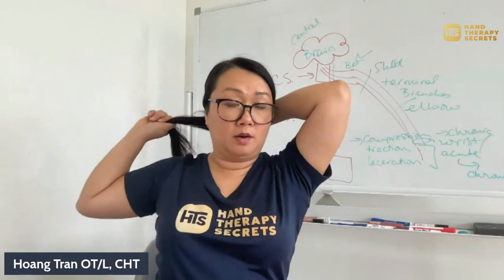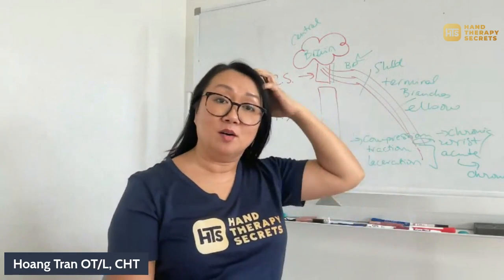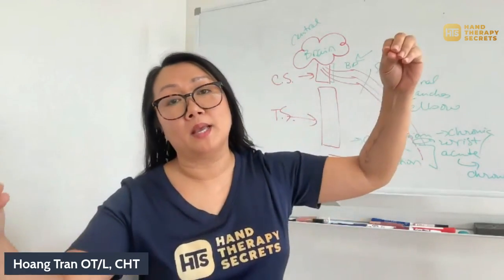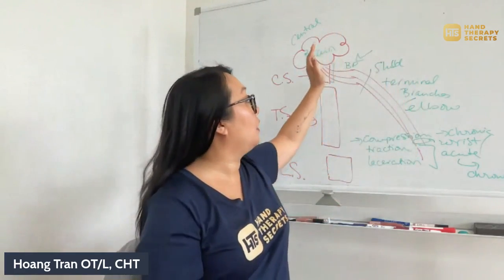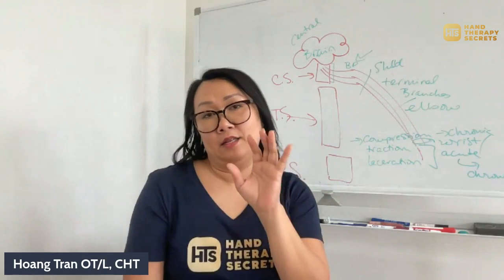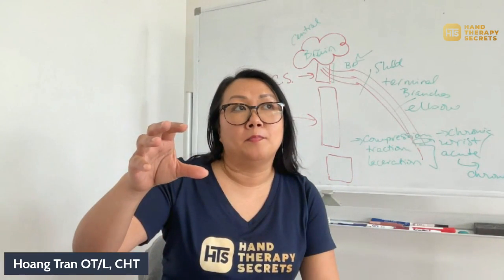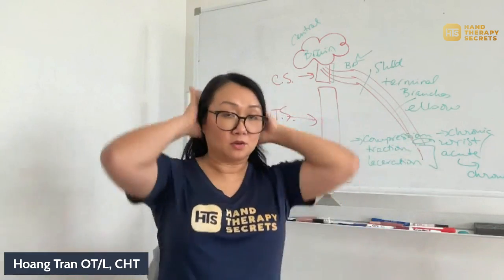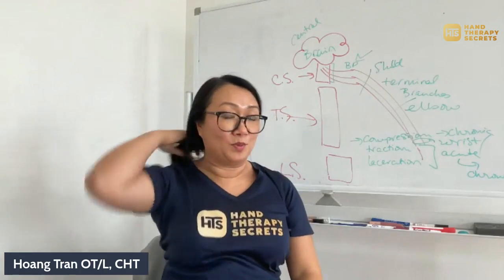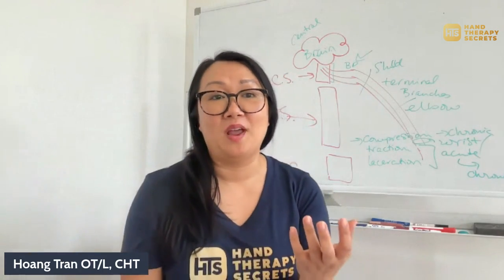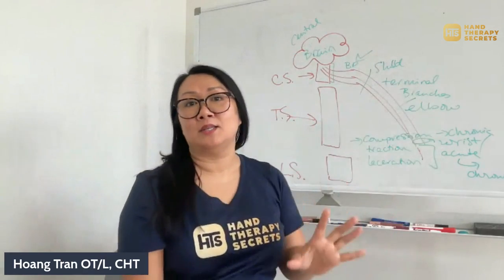If you pull on it, no matter what part of the ponytail, you're still pulling on one big long structure, right? It's one continuous long structure with different aspects and different components, and those different aspects and components are going to give different symptoms, right? So if I pull on one little piece, it might feel differently than if I pull on the whole piece. I feel a different kind of way, right? So that's my analogy, but really it's one continuous piece.